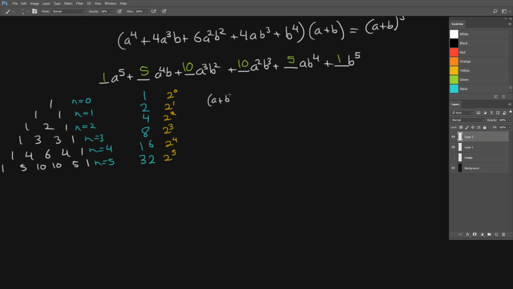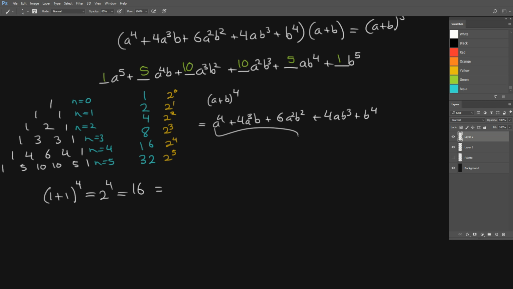(a + b) to the 4 is equal to a to the 4 plus 4a cubed b plus 6a squared b squared plus 4ab cubed plus b to the 4. Now what we can do is replace our a and our b with 1s. So I'll have (1 + 1) to the power of 4, which will be 2 to the 4, which is 16.